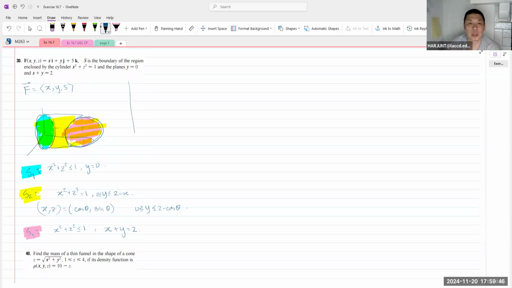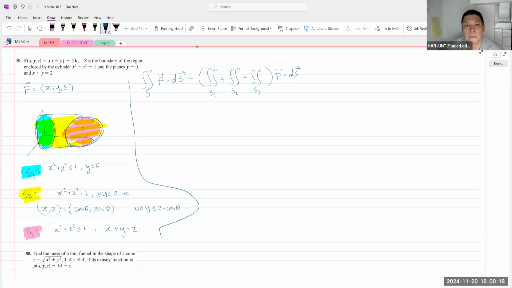Okay, let's work it out. The double integral over the surface S, which is the enclosure of this ugly cylinder, of F dot dS is now seen as the double integral over S1 plus the double integral over S2 plus the double integral over S3 of F dot dS.